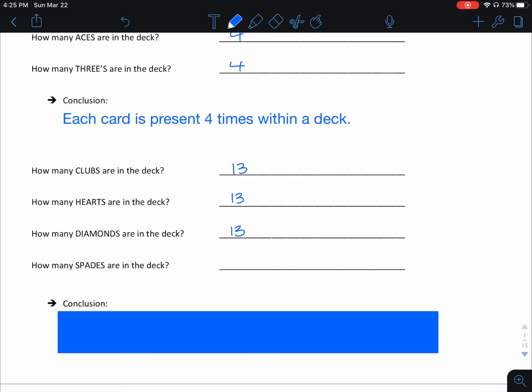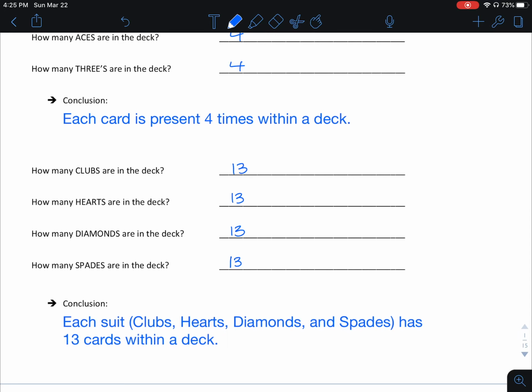And lastly, how many spades? I'm sure you guessed it by now. It is also 13. Based on our data, the numbers we got, 13, 13, 13, 13, we can conclude that each suit, a suit being a club, heart, diamond, or spade, has 13 cards within a deck. So there are 13 clubs, 13 hearts, 13 diamonds, and 13 spades.